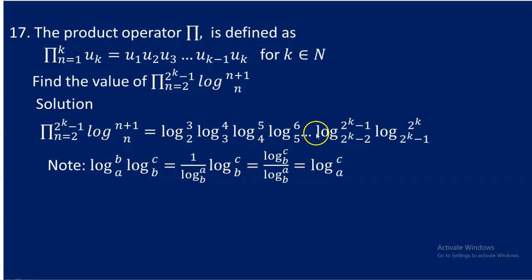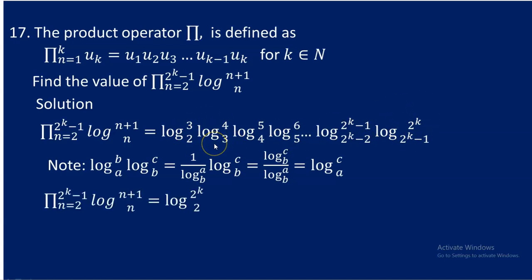In such a way you can cancel one over the other, and when you come to this, these two can cancel each other. To the power of k minus 1 can be cancelled by to the power of k minus 1, and the one here to the power of k minus 2 can be cancelled by the one before it. So the final output will be logarithm of 2 to the power of k to the base 2.